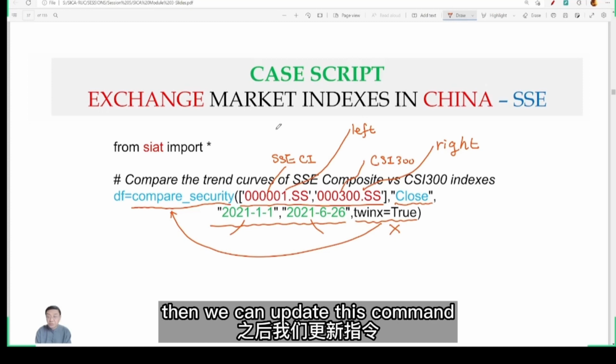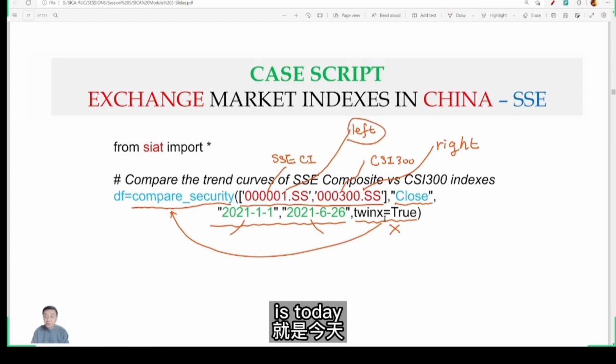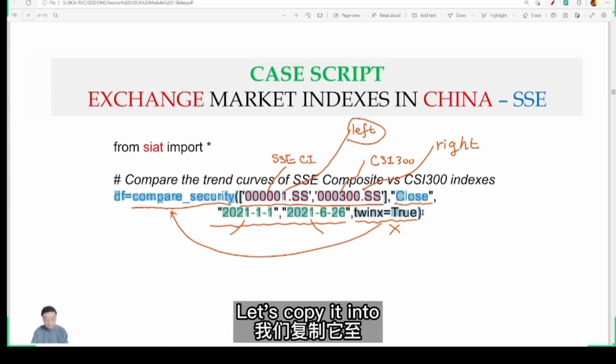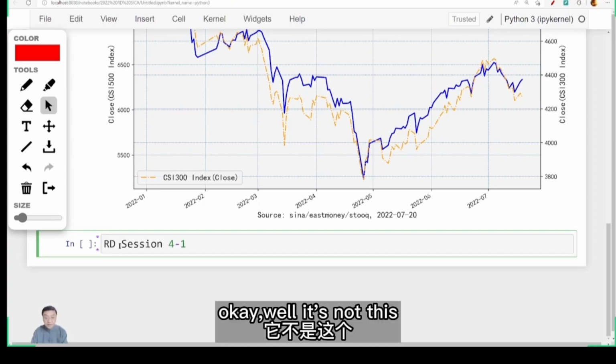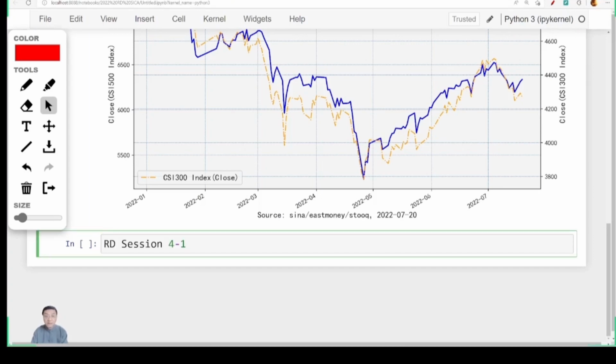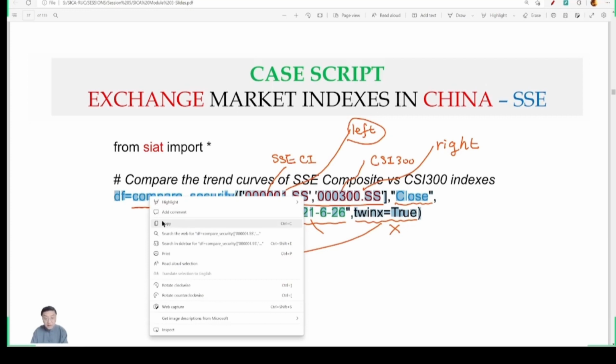Then we can update this command to the most recent days we have. It's today. Let's copy it into Jupyter Notebook. We copy here.